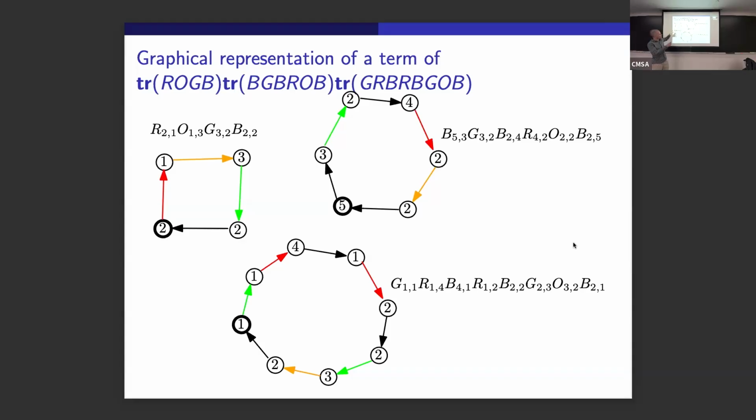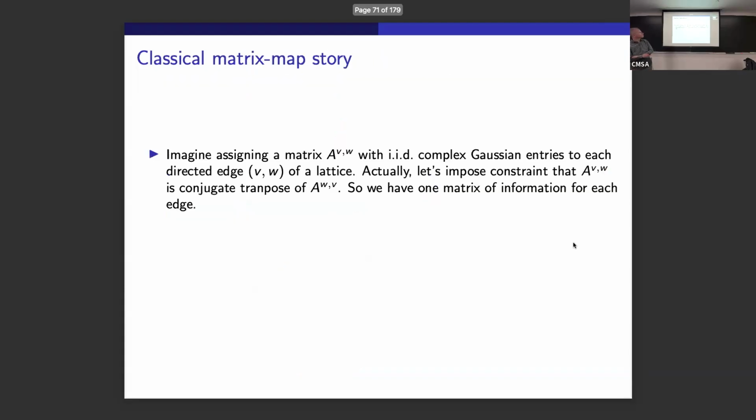And now when I sum over gluings, I have to glue a color to something of the same color. Otherwise, I get 0, because these matrices are independent of each other. So in order to get a non-zero thing, the colors have to glue to each other. So now I'm summing over things that respect the color. Otherwise than that, it's just the exact same story as before.